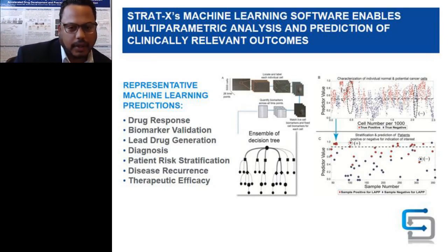And then rather than us or the operator choosing those biomarkers of importance, we let and train the machine learning algorithm to decide and arrive at an appropriate ranking of those biomarkers.